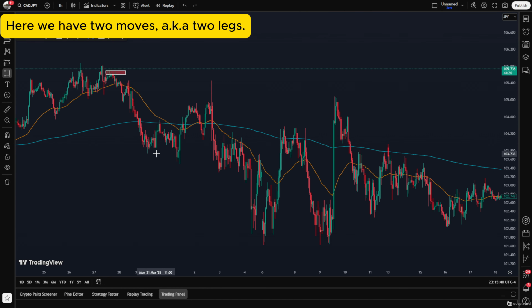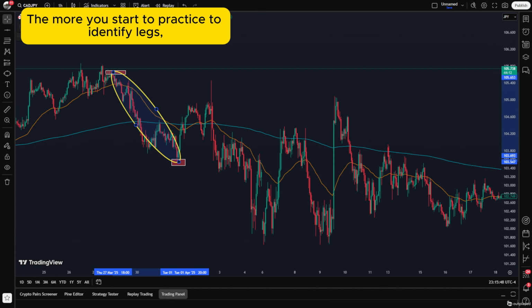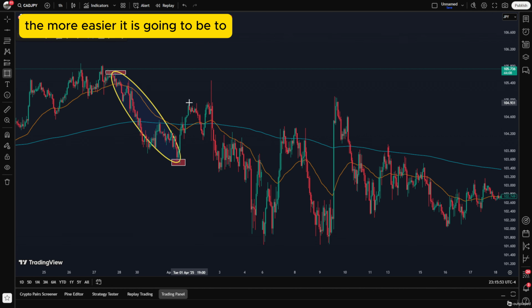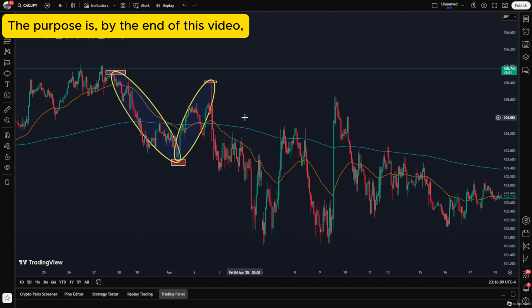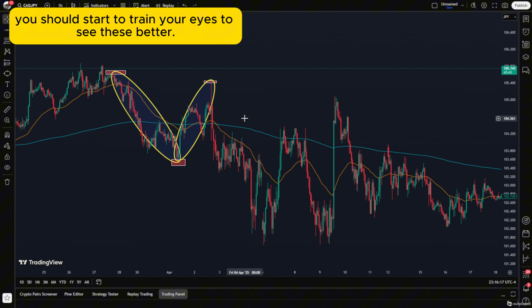Here we have two moves, aka two legs. The more you start to practice to identify legs, the easier it is going to be to see the highest point of price and the lowest. The purpose is that by the end of this video, you should start to train your eyes to see these better.